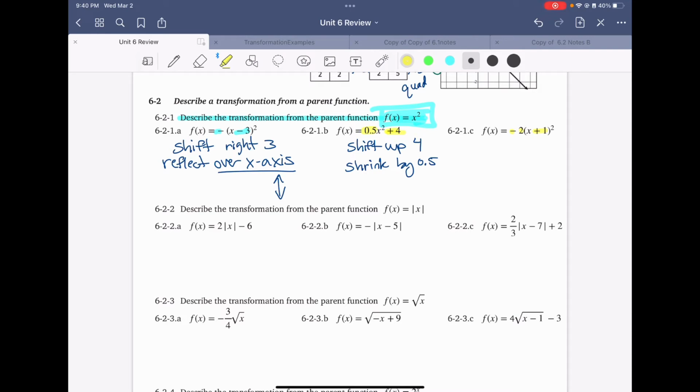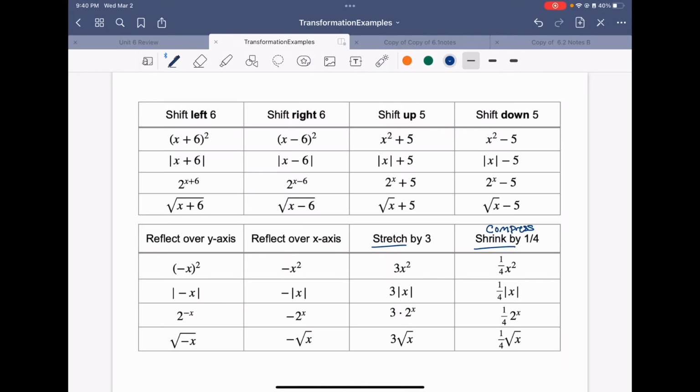So this negative in front, a negative in front, if we remember, it reflects over x-axis. And I'm going to show you on the chart where that is. Right here, a negative in front of your equation looks like that. So the negative in front of the equation reflects over the x-axis.